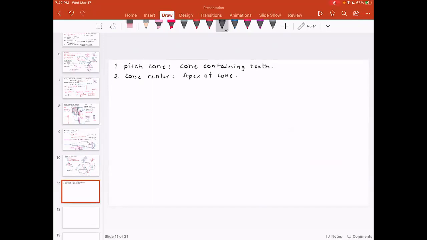Then you have something called the pitch angle, which is the angle made by the pitch line. Then you have something called the cone distance, and that is important.